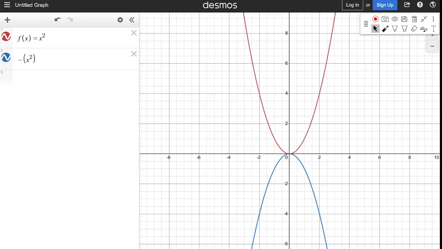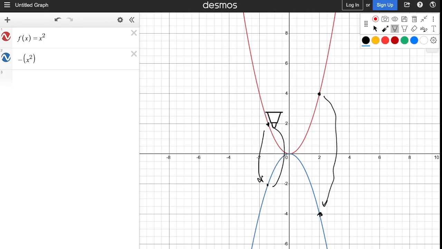I get this blue graph that has reflected, and every y value, in this case positive 4, has become negative 4 for the same x value, right? This positive 2 at some value, probably the square root of 2, has come straight down and become negative 2. So that one's gone down there.